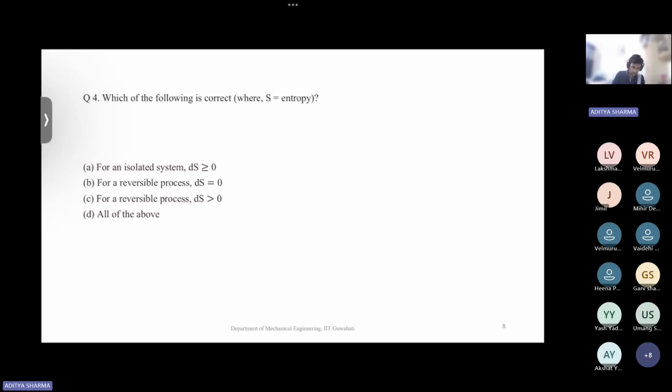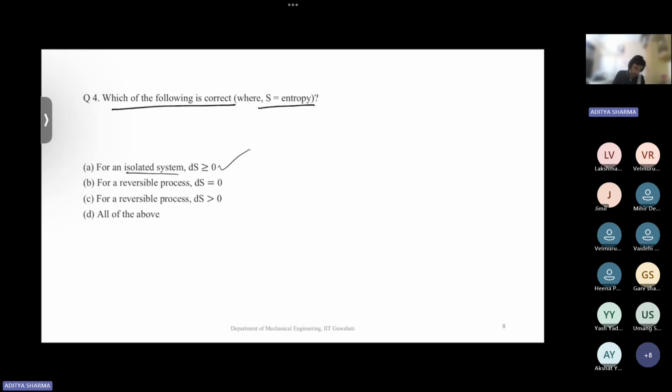Okay, so this question is based on entropy. The question says which of the following is correct. The first says that for an isolated system, the change in entropy is greater than or equal to zero. So it can be equal to zero or it can be greater than zero, right?